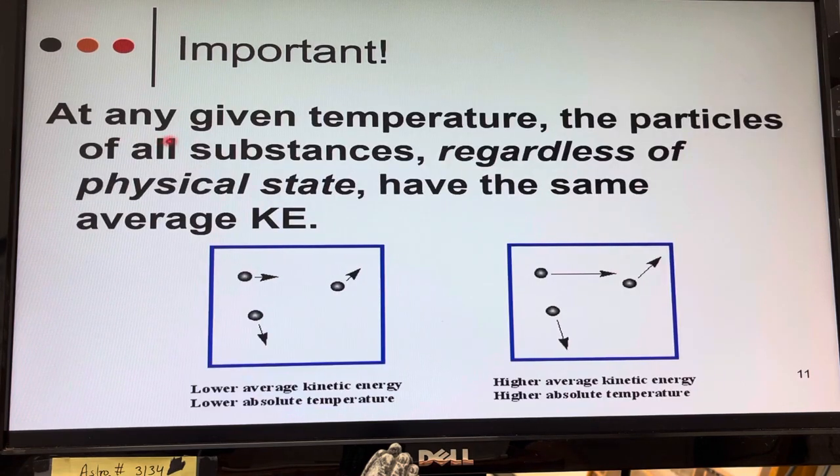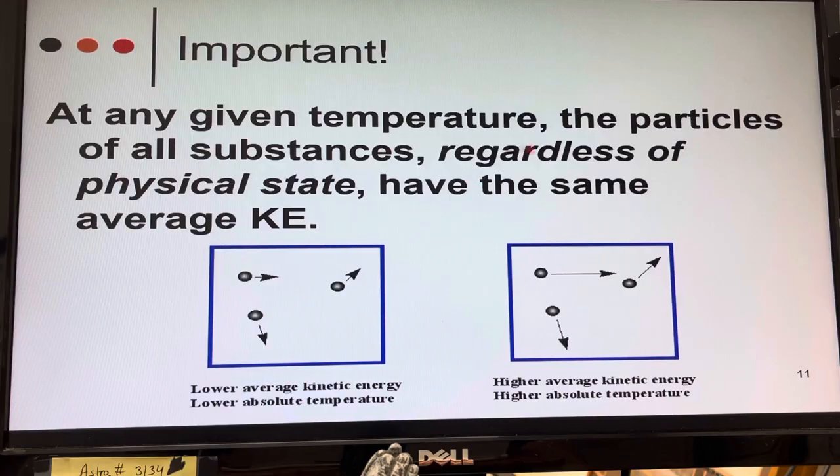This is important to know. At any given temperature, the particles of all substances, regardless of their physical state, have the same average kinetic energy. So I could have a glass of water, so the water is liquid, in a drinking glass, sitting on top of a metal table, like iron or aluminum, doesn't matter.